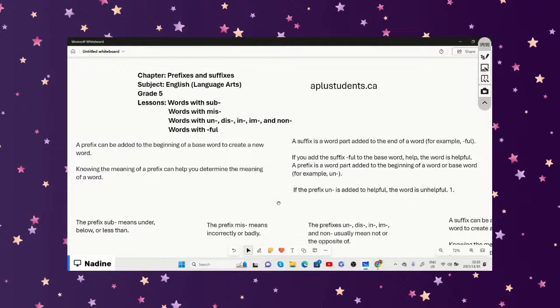And then the suffix, right, is a word part, or like, let's say, words or things that we add to the end of a specific word.